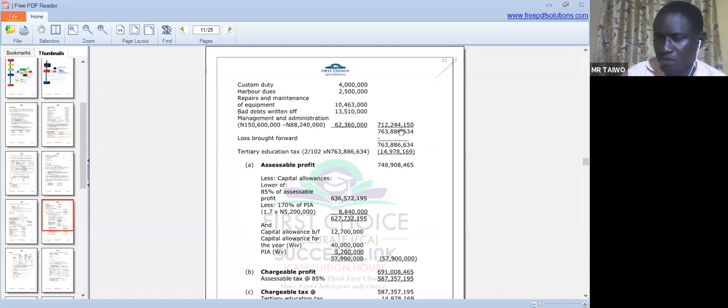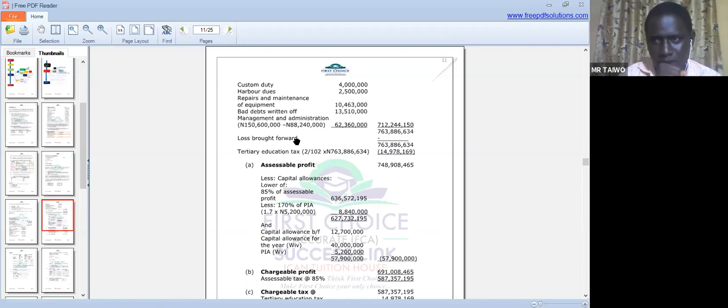I told you that the tertiary education tax is also an allowable expense, but so far as it is allowable, it is 2% of our assessable profit. And in this case, we have not even gotten our assessable profits. I looked at your pack because I'm working with your current pack.